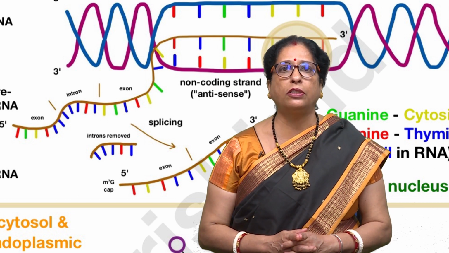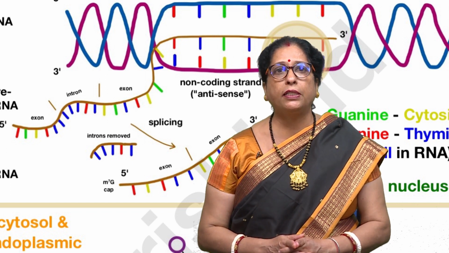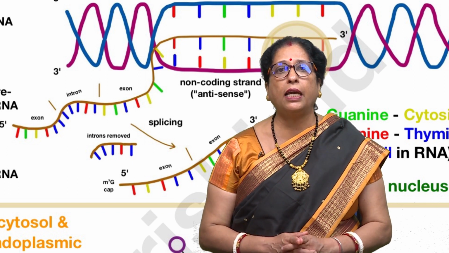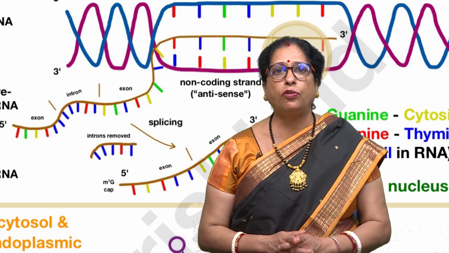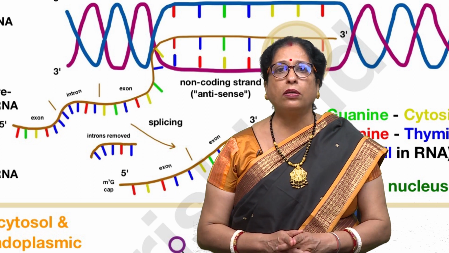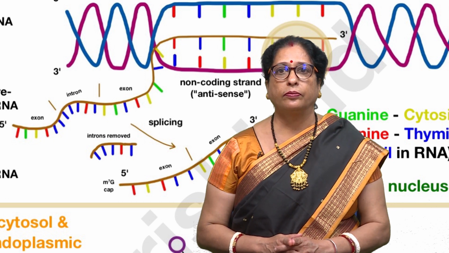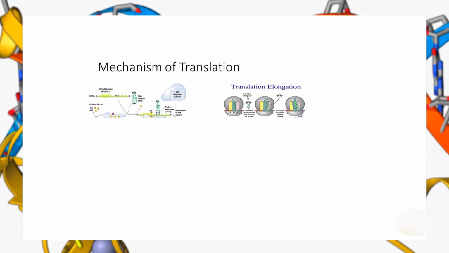In prokaryotes, there is a conserved region about 7 nucleotides upstream from the initiating AUG. This region contains a 6 nucleotide sequence called the Shine-Dalgarno box, that is AGGAGG. The Shine-Dalgarno sequence is complementary to a region at the 3 prime end of the 16S rRNA of the small subunit.